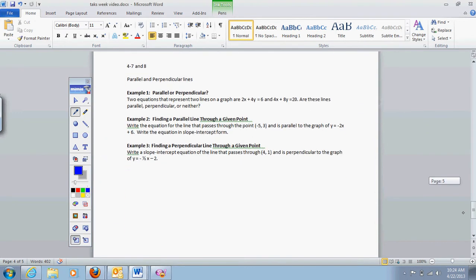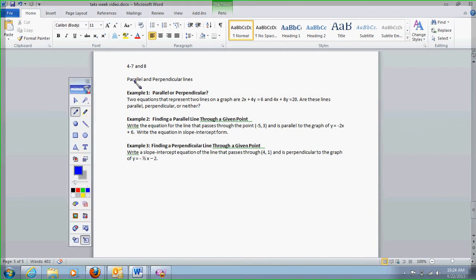And finally, we're going to talk about the last two sections together, parallel and perpendicular lines. The main thing you need to know about parallel and perpendicular lines when we're writing equations is that parallel lines' slopes are equal or the same.